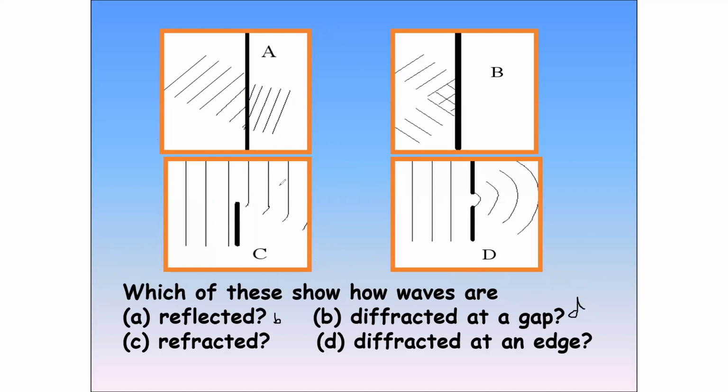Which one is representing a refracted ray? Refracted is A. And which one is showing a diffraction at an edge? C is representing diffraction at an edge.